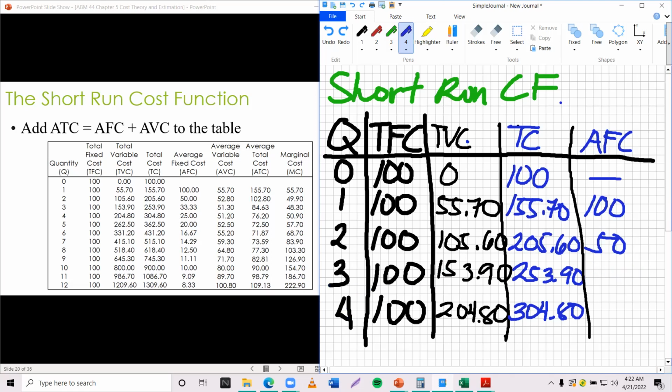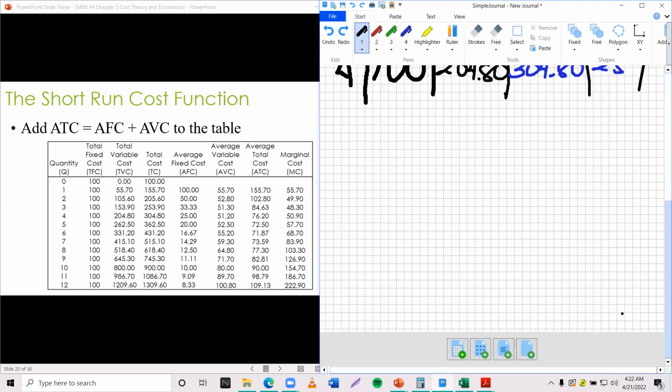And 100 divided by 4 is 25. So this is the average fixed cost, and that's how you'll get it. So let's continue our table and fill it in here.